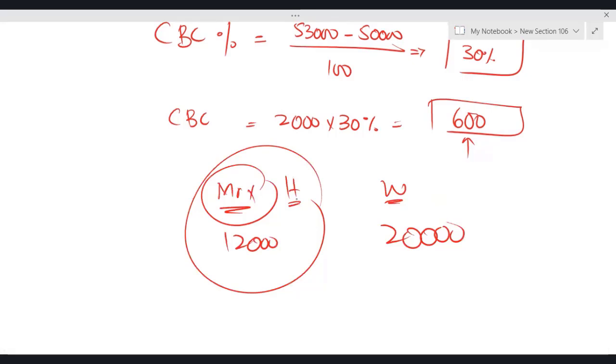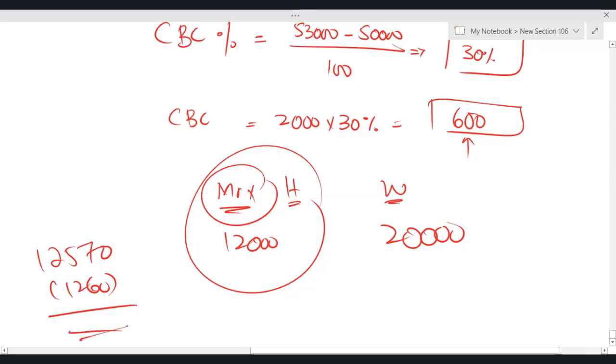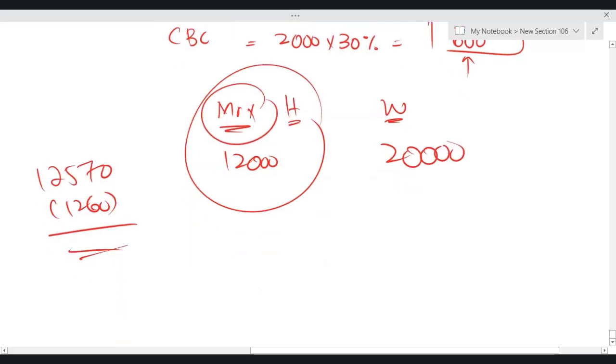If they want to go for marriage allowance, look at this. 12570 minus 1260. In that case, Mr. X will get 11,310. Is this clear now?